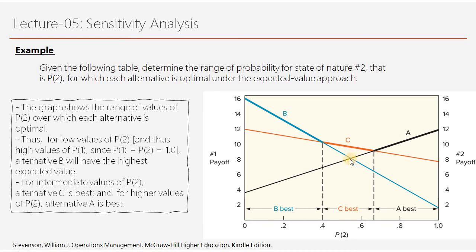So suppose from this point and 0, we have these three lines. The best alternative will be alternative A because it will provide the least cost. And looking from this point of intersection till 1, these are the three lines. In this case, you will see that alternative B is the best.